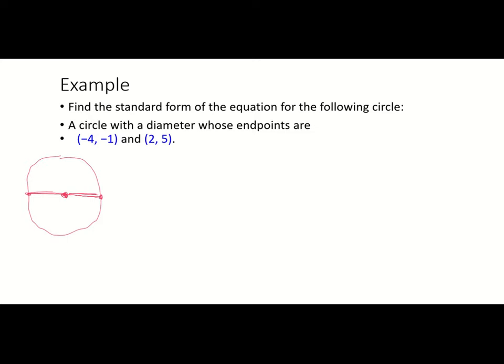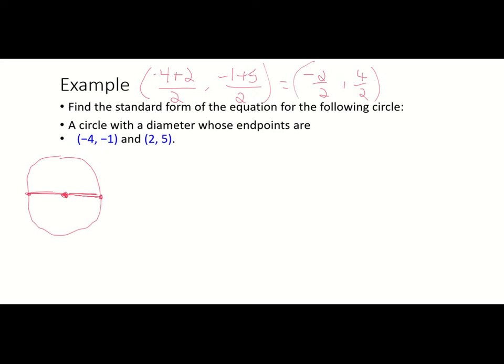Remember, for your midpoint, you take the two x values, so -4 plus 2 divided by 2. And then you take the two y values, so -1 plus 5 divided by 2. -4 plus 2 gives me -2 divided by 2, and -1 plus 5 gives me 4 divided by 2.